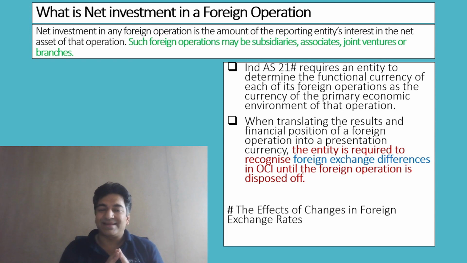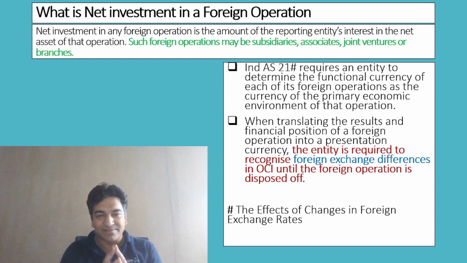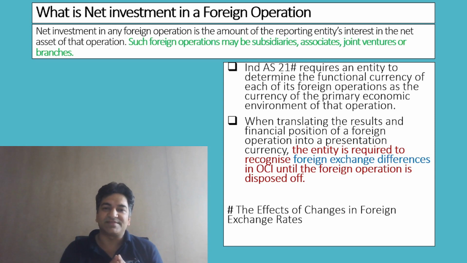So while translating the results and financial position into the presentation currency, there can be some foreign exchange differences. The entity is required to recognize these differences in other comprehensive income and not in profit and loss until the foreign operation is disposed of.